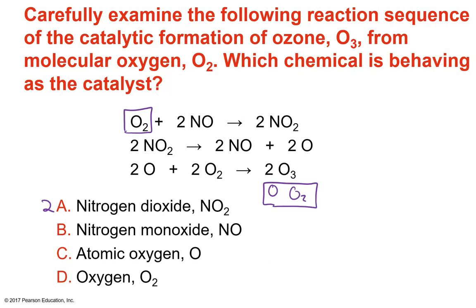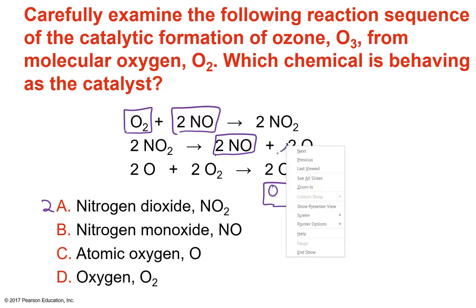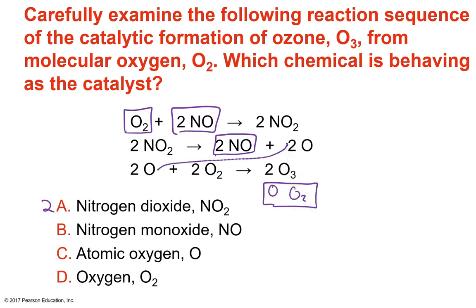How many NOs do we start with? Two. How many do we end with? It's tricky. We end with 2 because these went on to here. Actually, we started with 4 O2s, didn't we? We started with 3 O2s. Okay, I can do math, just not so well some days.